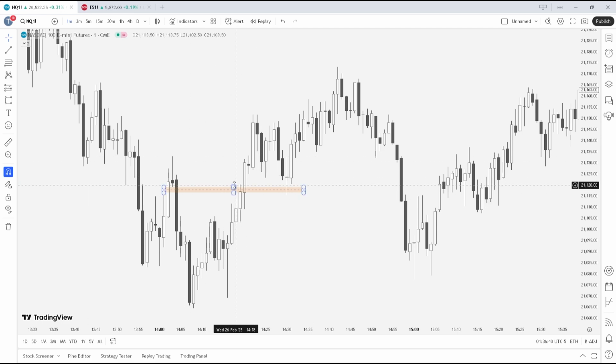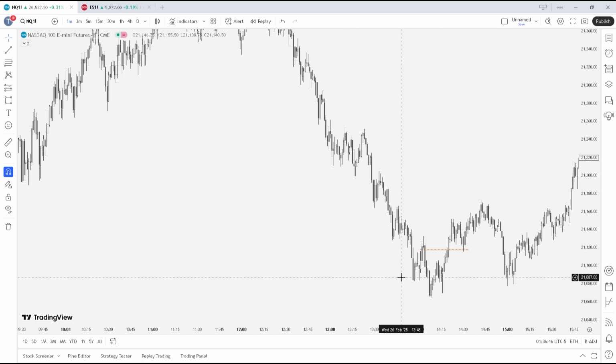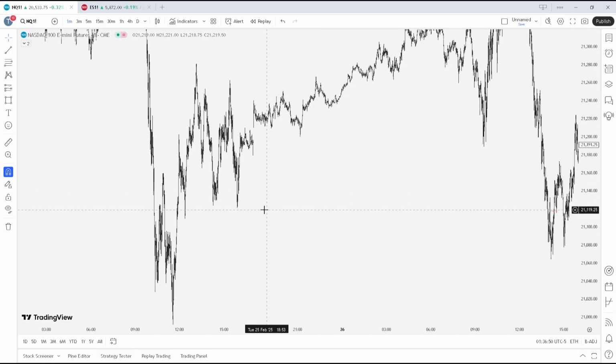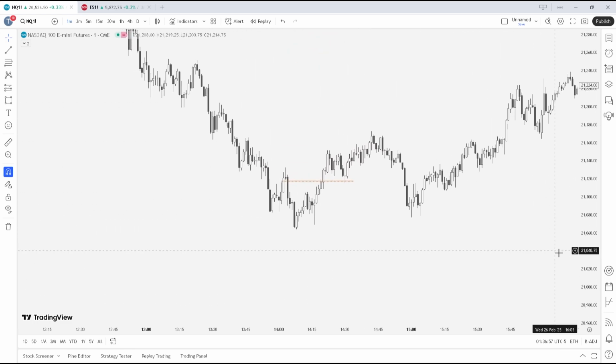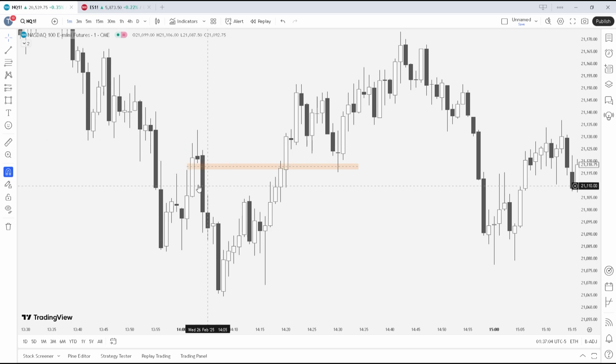And the reason that this failed is because of liquidity, right? We already dumped all of this. We dumped so far and we swept out all of these external liquidity levels. So there's no reason that price would come even lower. So that's the main reason that this BPR failed.